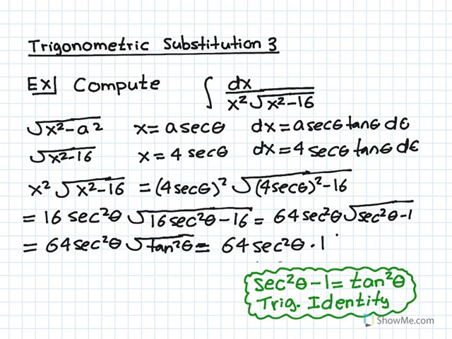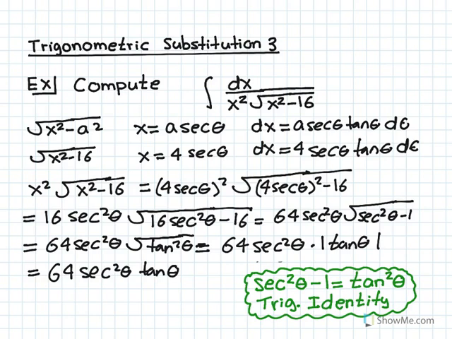That will be absolute value of tan theta, but we can reduce that to just tan theta. We can remove the absolute value because of the way that we have restricted the angle theta. So we get 64 secant squared theta tan theta. That is the denominator of the integrand.